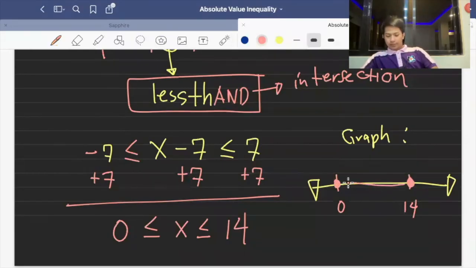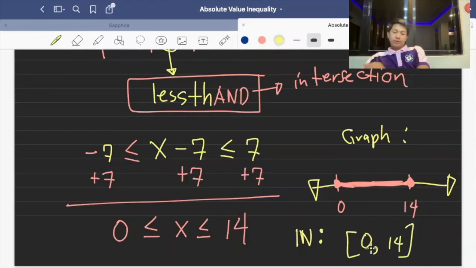So we have this. It's our solution set. Okay? Are we okay with that? Our graph, and of course, our interval notation is just 0, 14, and we're going to enclose it with brackets because 0 and 14 are included in the solution set. Okay lang?